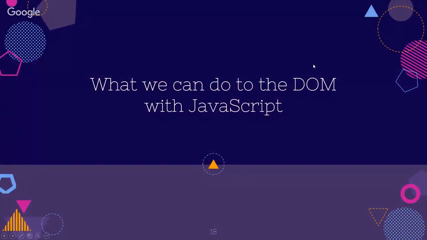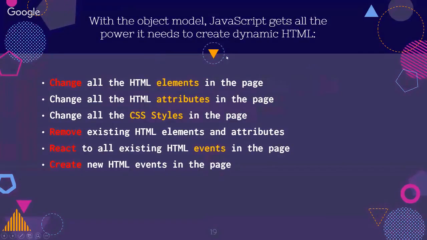To interact with the DOM, as we already know, we use JavaScript, any programming language, but in our case, it's JavaScript. So let's see what we can do with it. In general, we can change, create, and remove HTML elements, change, remove, or add their attributes, modify their CSS styles, and react to all existing HTML element events on the page, which, by the way, are properties on the document object, as you saw earlier.